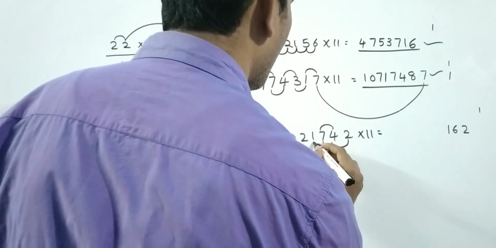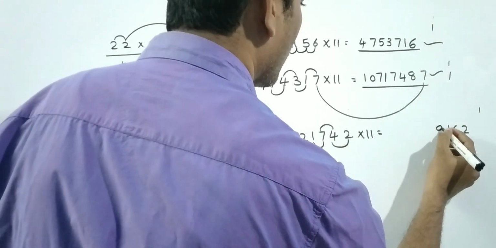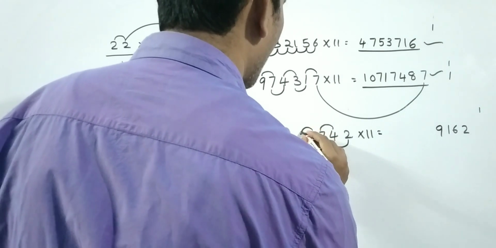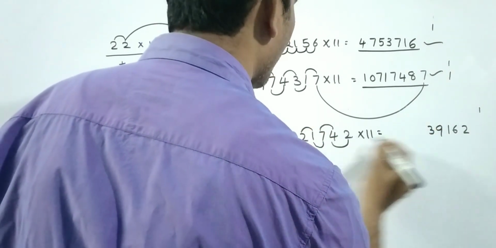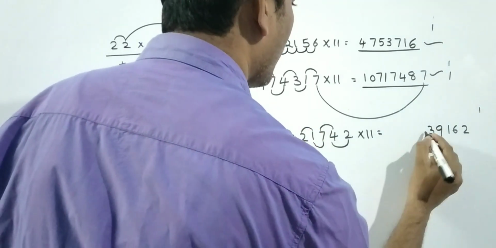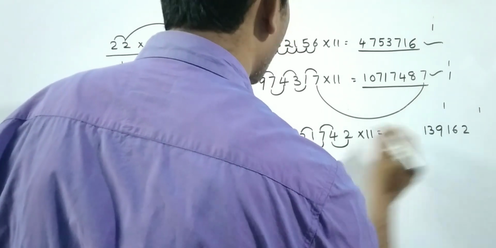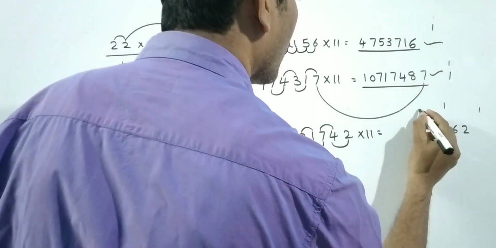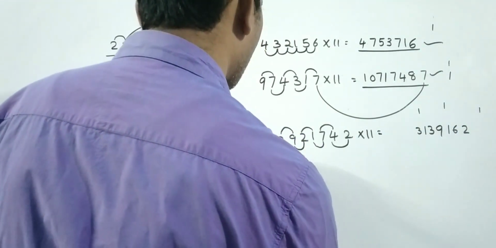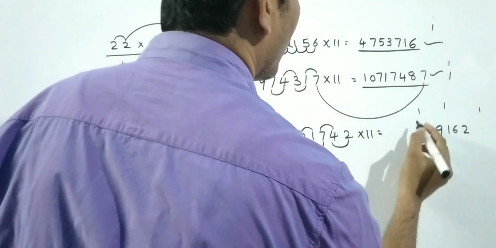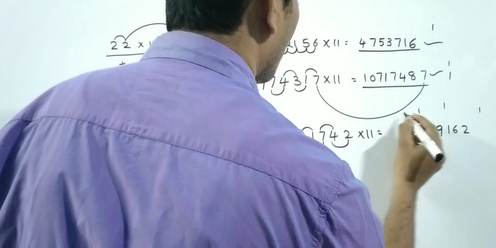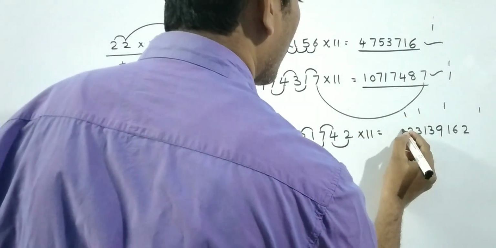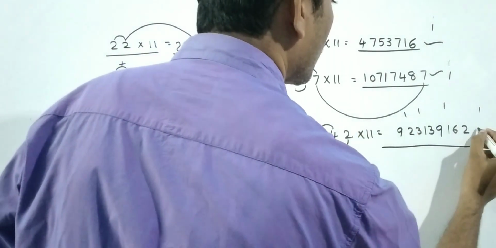Then 7 plus 1, 8. 8 plus 1, 9. 1 plus 2, 3. 2 plus 9, 11. See friends, here 1 is there. Then 9 plus 3, 12. 12 plus 1, 13. 3 plus 8, 11. 11 plus 1, 12. 8 is there. 8 plus 1, 9. See friends, this is the answer.